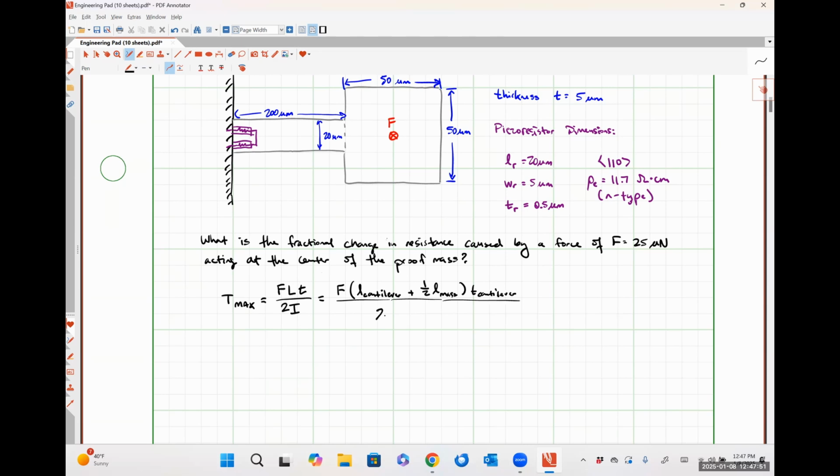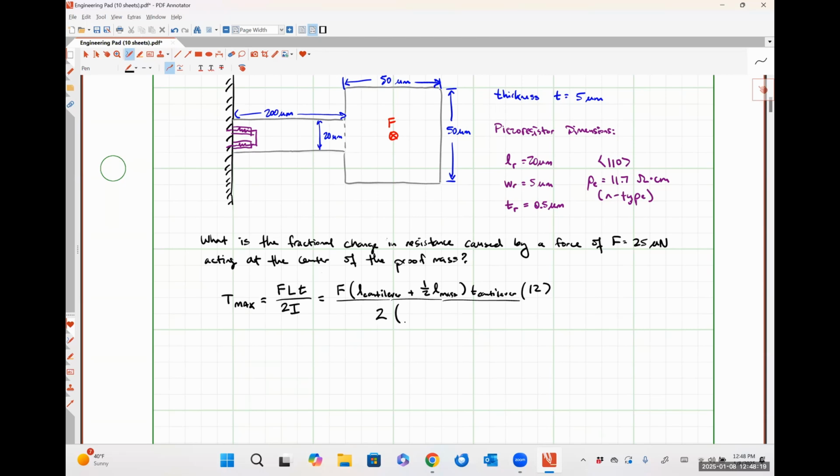And now we're going to have 2, and then we've got I, right? So this beam has a rectangular cross section like everything else we've dealt with. Hopefully you guys can remember that the second moment of inertia for a rectangular cross section is AB cubed over 12. We've used that before, where B is the direction of bending, A is the transverse direction. So I'm going to put a 12 up here.